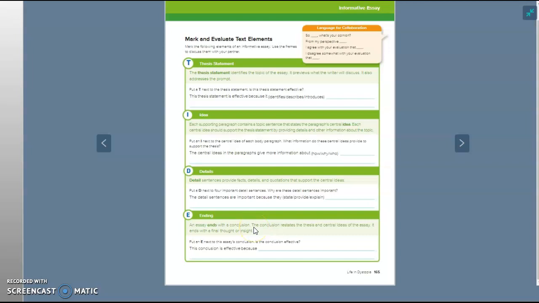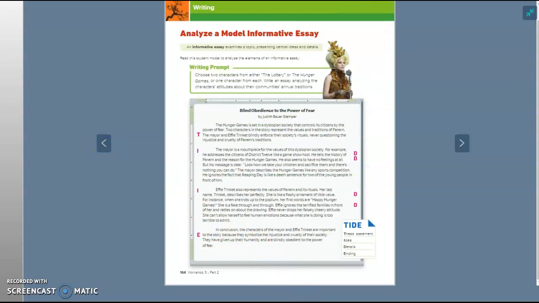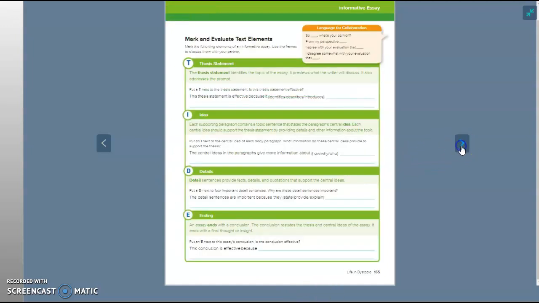So what we're doing today, guys, is we are going to analyze what we read yesterday. Basically, when you're done, your paper should look somewhat like this, with these kind of ideas, these markings. First off, I want you guys to put a T next to the thesis statement.